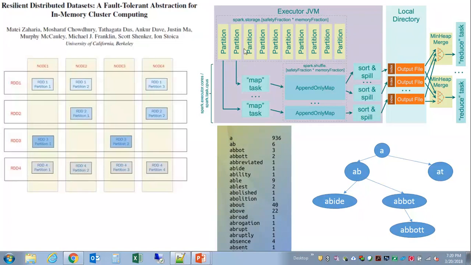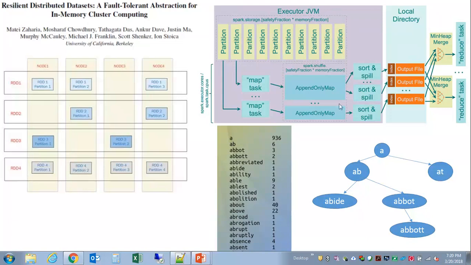The map task transforms them into results that are again stored in memory, and then here you see sort and spill. This is just one example of how this is executed. This is what happens in Spark 1.4. Now we have moved away from it, but I want to tell you how this improves over MapReduce.